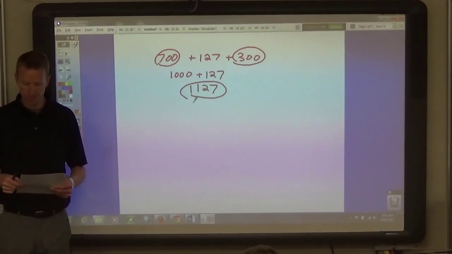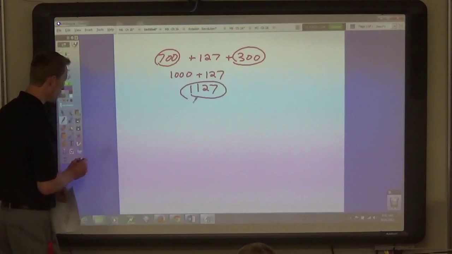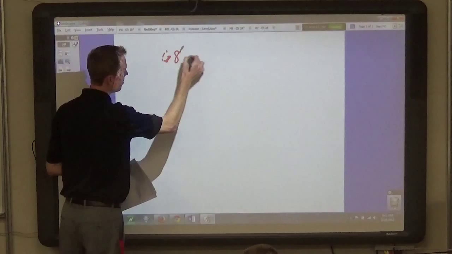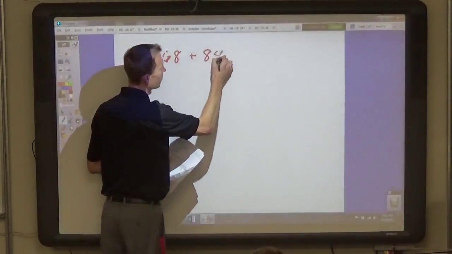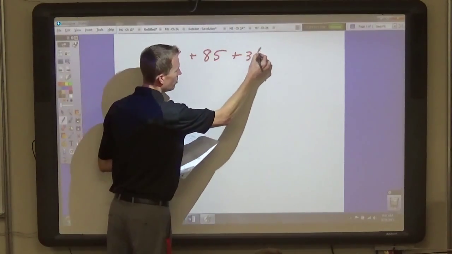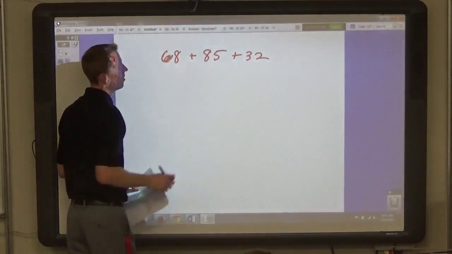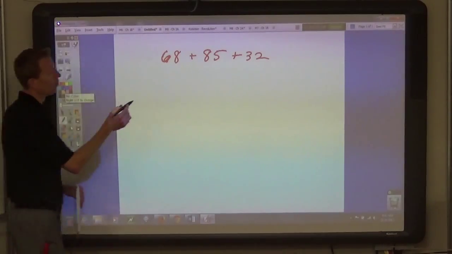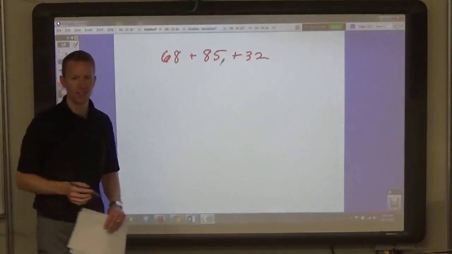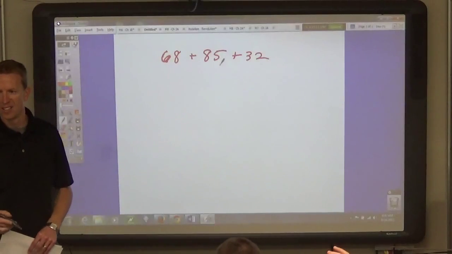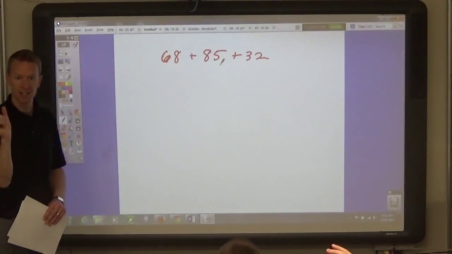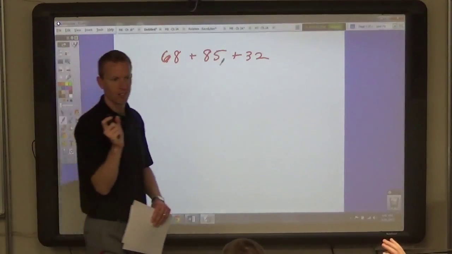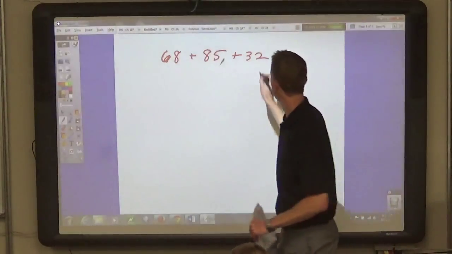Or in the next one, which two numbers go together to make 100? We've got 68, we've got 85, and we've got 32. Look at the ones place. Which two numbers go together to make a 10? Caleb? 8 and 2.